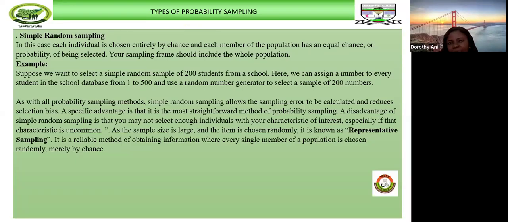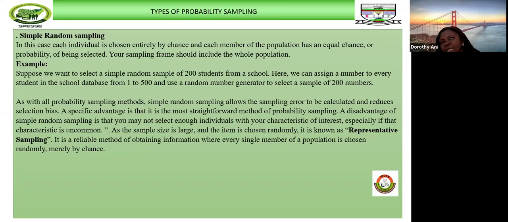Just like we saw in that diagram, the person wearing green, it was only one person that was selected. So the others were mostly the blue part. So what we are saying is that although it's a probability method, it has its own limitations.